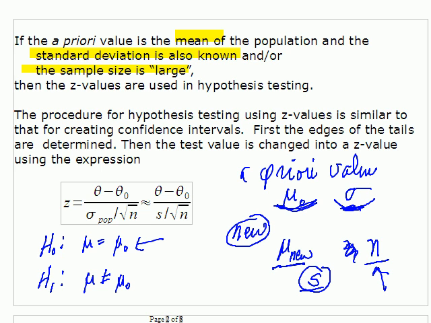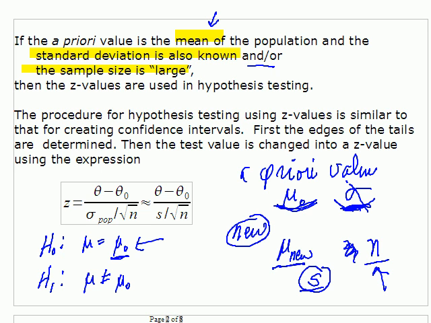So you didn't really have to know this, and that's what the and/or means. You have the mean of a population that was measured in the past, and either you know the standard deviation sigma, or the sample size is large. In that case we're going to use z values and the normal distribution.